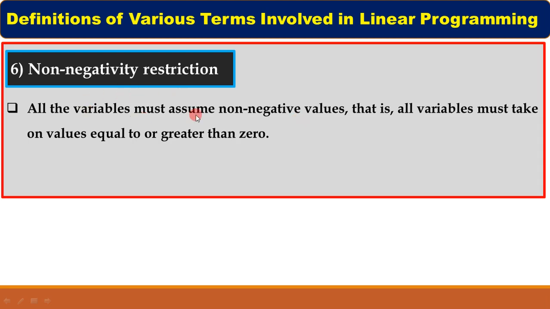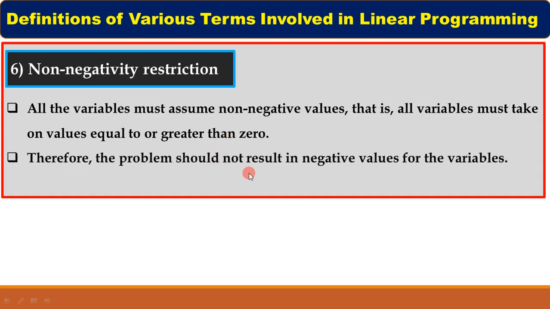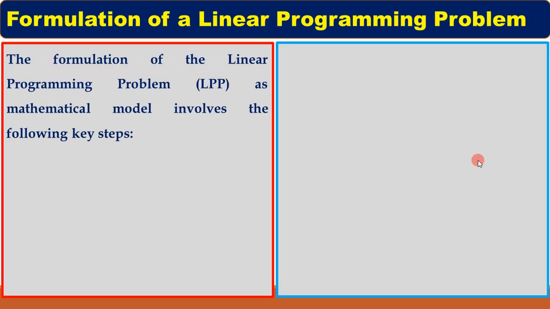So all the variables must assume non-negative values, that is, all the variables must take on values greater than or equal to 0. Therefore, the problem should not result in negative values for the variables. That means the values of decision variables are always positive or equal to 0.